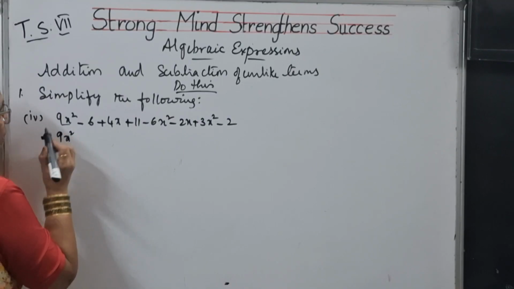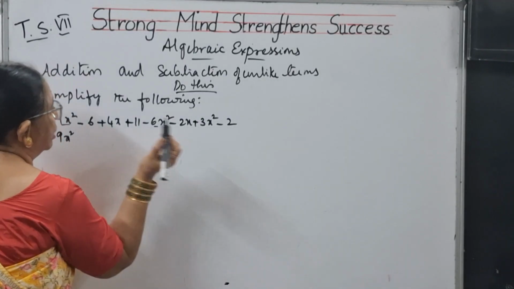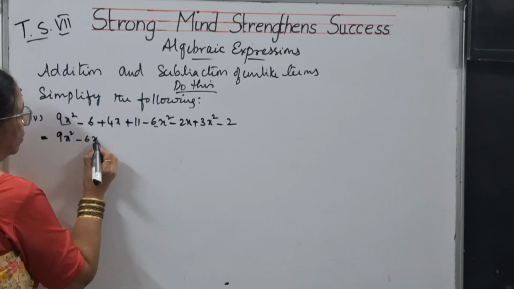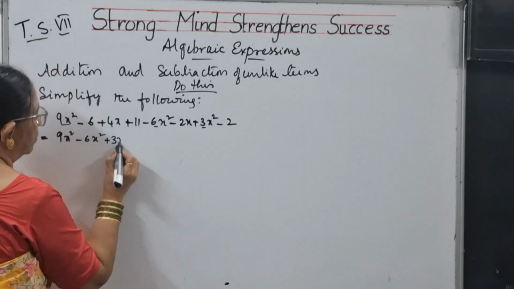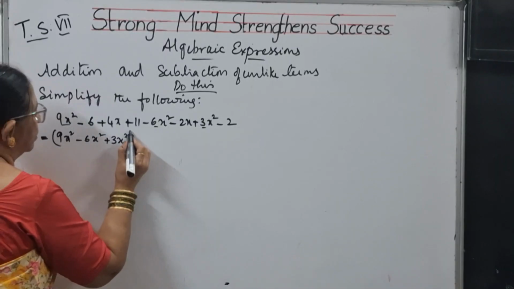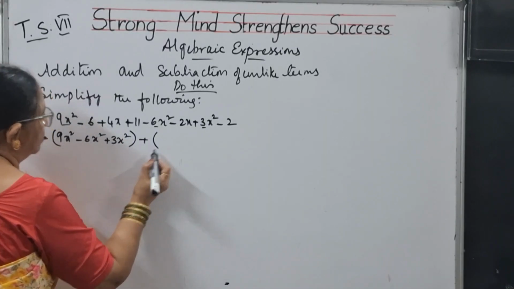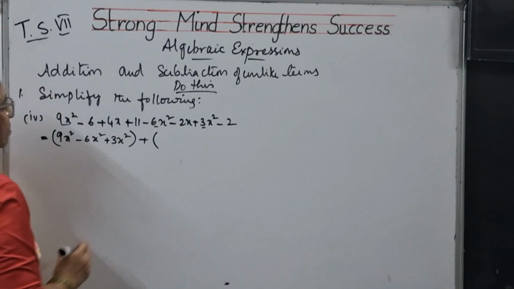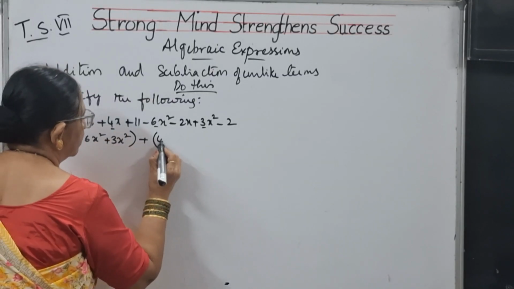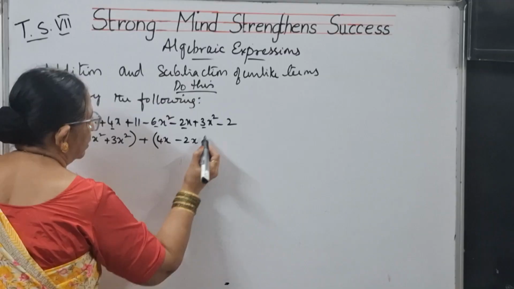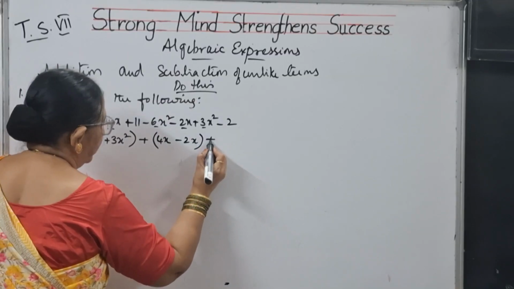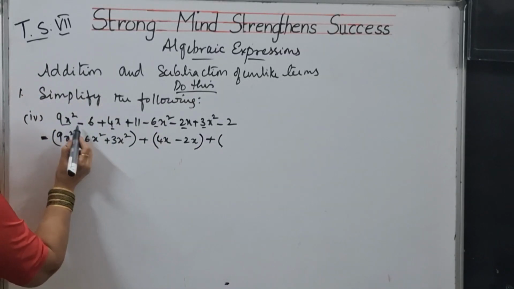9x square, this I have written. Next, minus 6x square. Is there any other x square? Plus 3x square. So all this I have kept in a bracket. Plus, next after x square, x: 4x, and then minus 2x. Any other x? No. Plus, next what should I do?